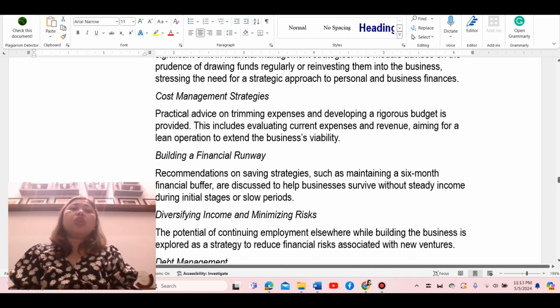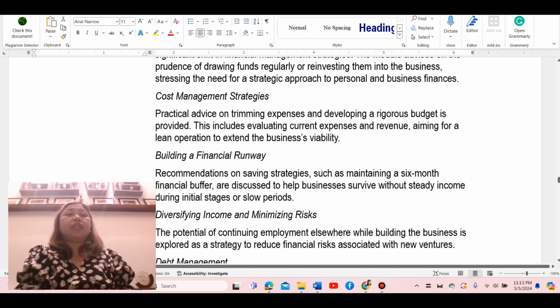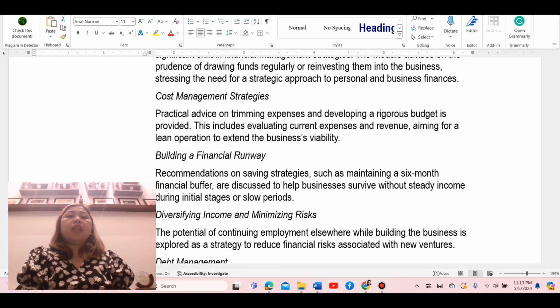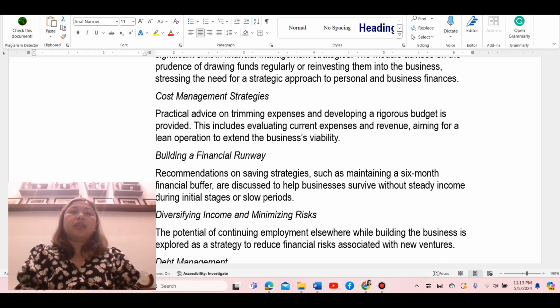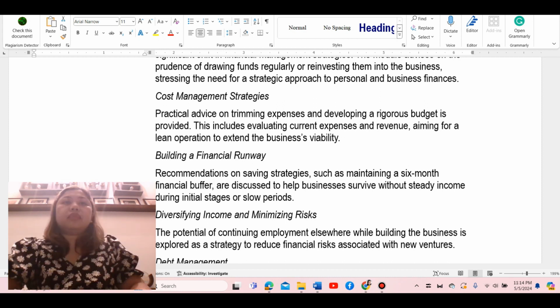Next is cost management strategies. Practical advice on trimming expenses and developing a rigorous budget is provided. This includes evaluating current expenses and revenue, aiming for lean operation to extend the business viability.